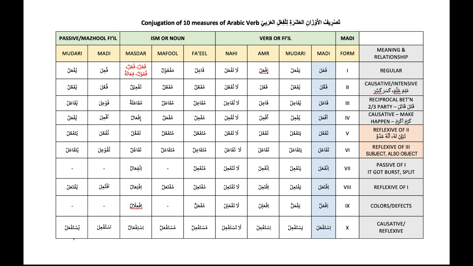So we have learned there are 10 forms of verb, 1, 2, 3, 4, 5, 6, 7, 8, 9, 10. In advance, I'm telling you, from 1 to 8 and form 10 are used widely throughout Quran. Form 9 is less used, and they mean specifically colors, right? Red, blue, green, etc. And also they indicate body defects.